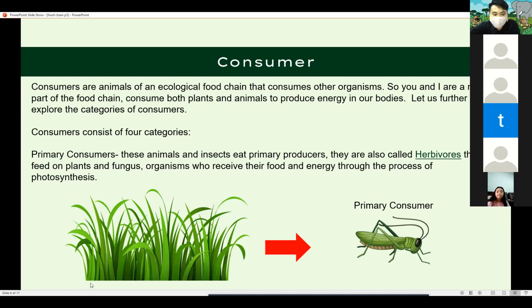So if you look at this picture, here you see the grass. The grass is eaten by the grasshopper. So grasshopper is the number 1 consumer, or the number 1 animal that will eat the plants.